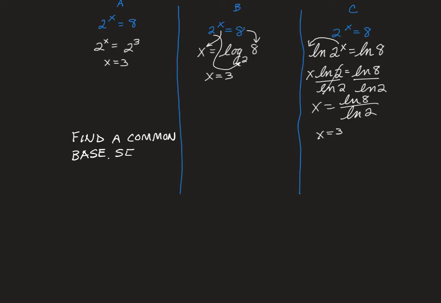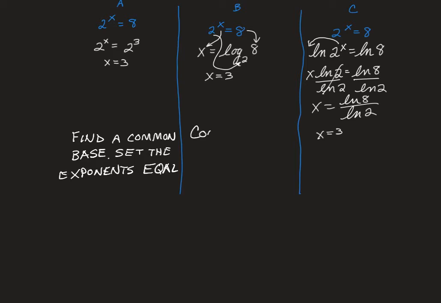And then just set the exponents equal. In other words, set them up as one exponent equals the other. You may have to solve a little bit. In this case, you didn't. As soon as you set the exponents equal, you had your solution. Sometimes it'll require a little bit more work, but that's not too hard if you're able to do that with the common base. Sometimes you won't be able to do that, so we have these other methods.